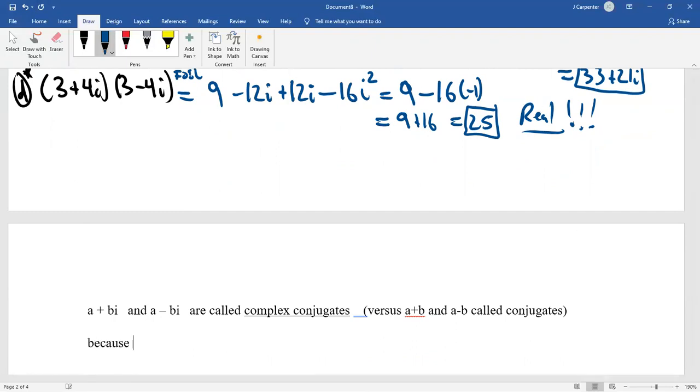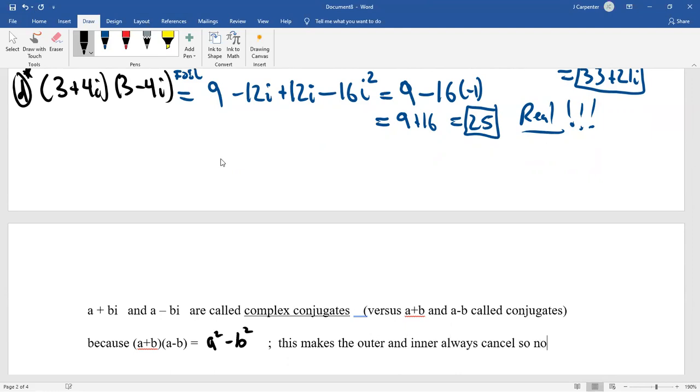So because a plus b times a minus b is equal to a squared minus b squared, this makes the outer and inner always cancel. So there's no i term.